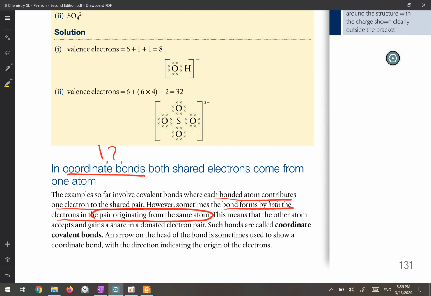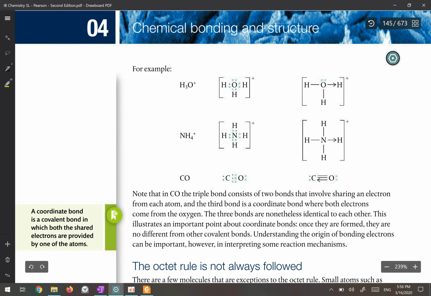The other one doesn't bring anything for the sharing. This is called a coordinate covalent bond. The examples of coordinate covalent bonds are mentioned here. You have H3O plus, which we have explained, NH4 plus, and also CO.